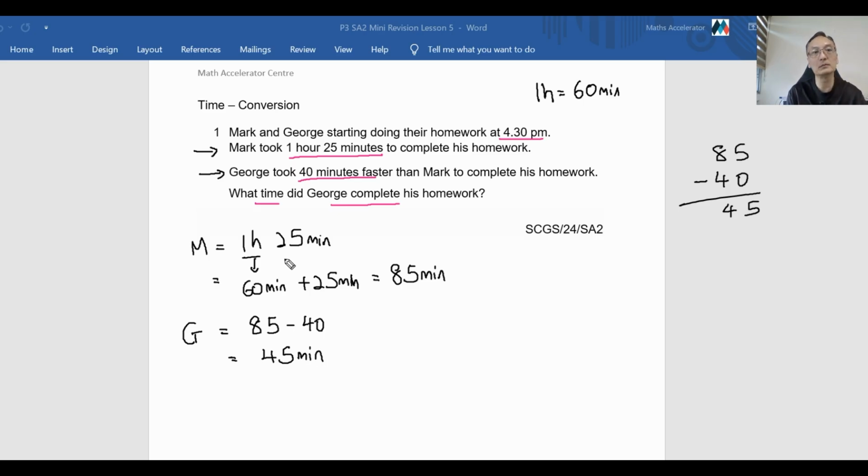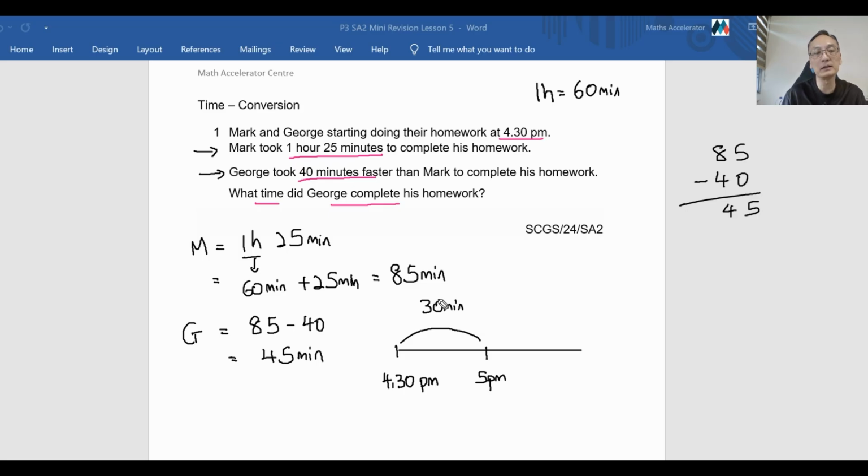So now we will draw a timeline to help us find what time did George complete his homework. Their starting time is 4:30. So George took 45 minutes to complete his homework. So we know that the nearest hour mark is over here, there's 5 p.m. From 4:30 to 5 p.m., this portion will be 30 minutes.